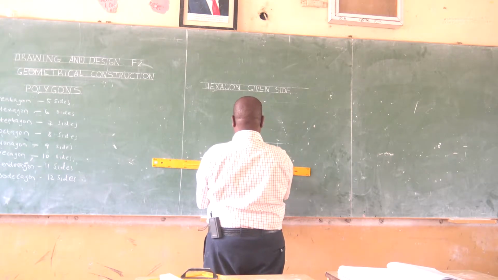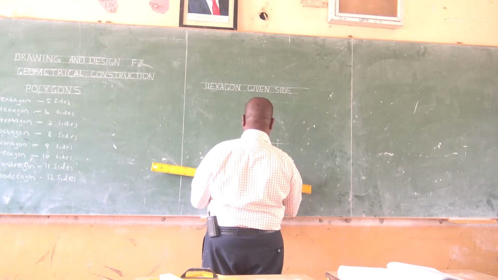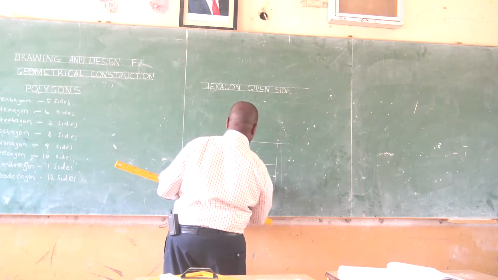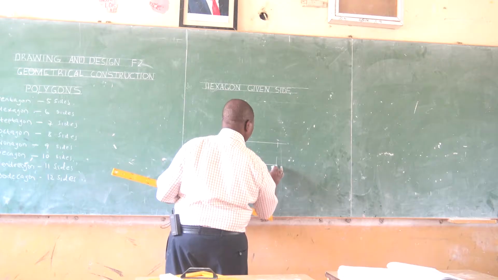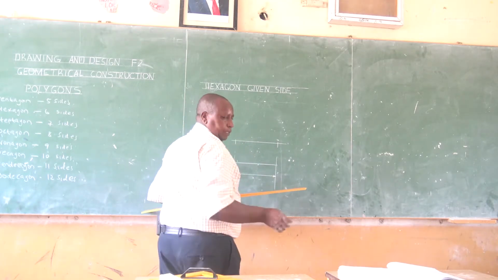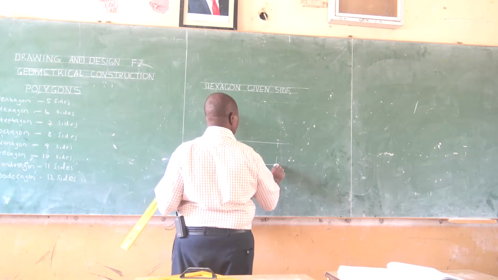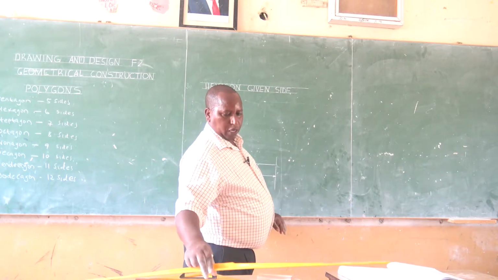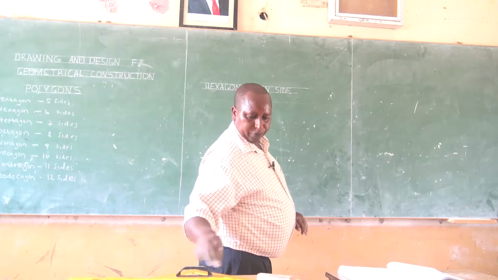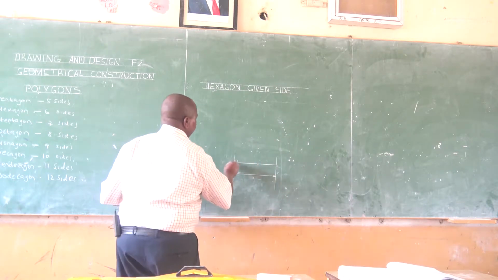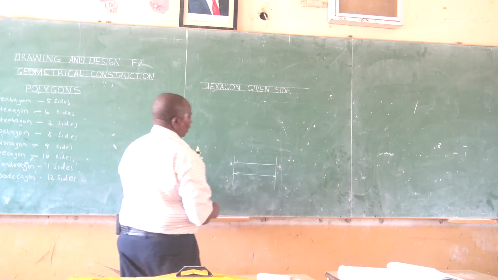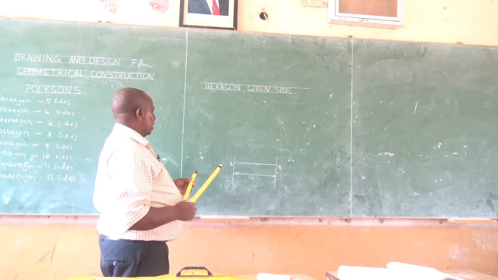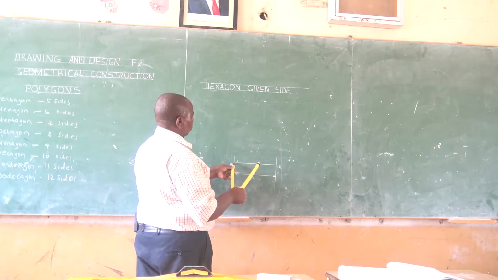Transpose that one to the lower part so that we have 30 millimeters. It serves the purpose to note that in a hexagon, the radius of the circumscribing circle is equal to one side.